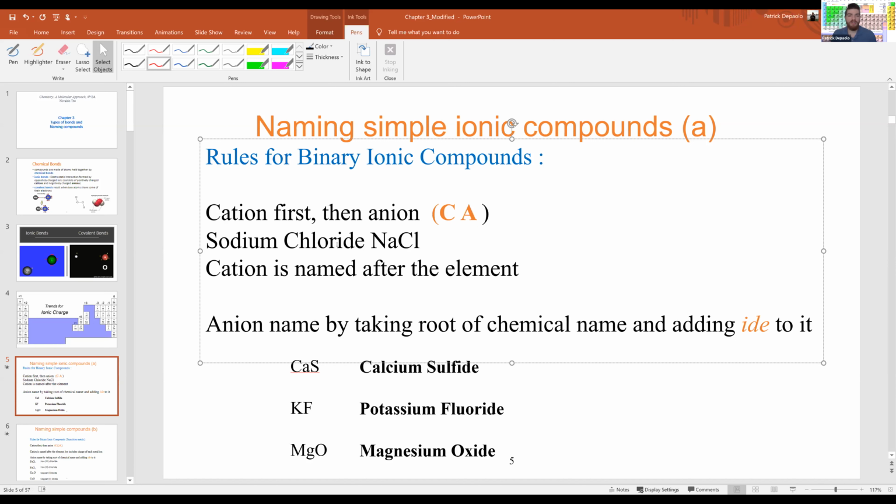You change the ending of the anion, the non-metal, by removing the last syllable and adding -ide at the end. So sulfur becomes sulfide, fluorine becomes fluoride, oxygen becomes oxide. It's kind of weird, I get that mistake a lot, but whatever sounds better is usually right.